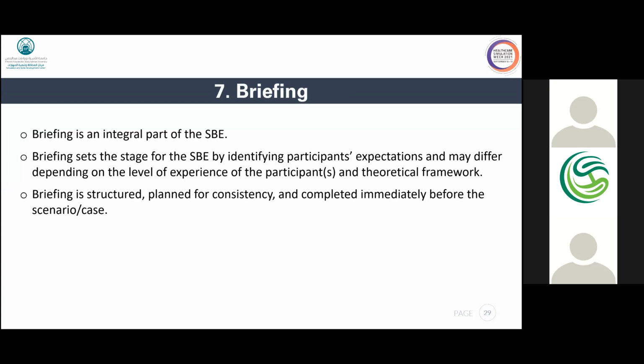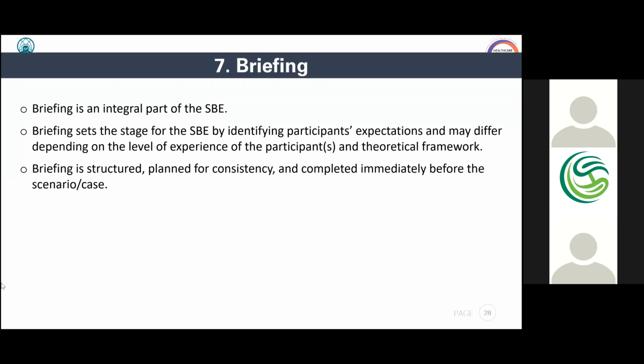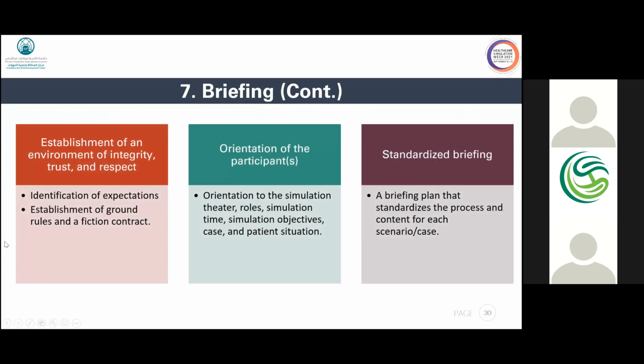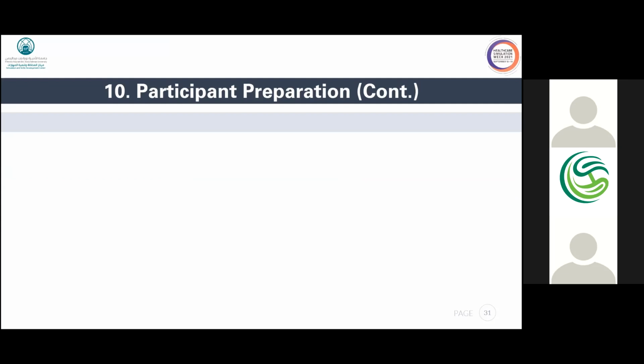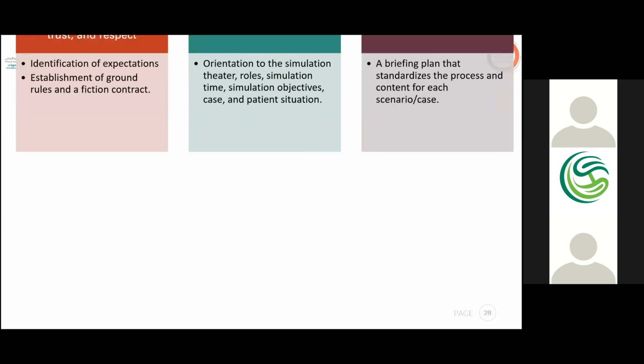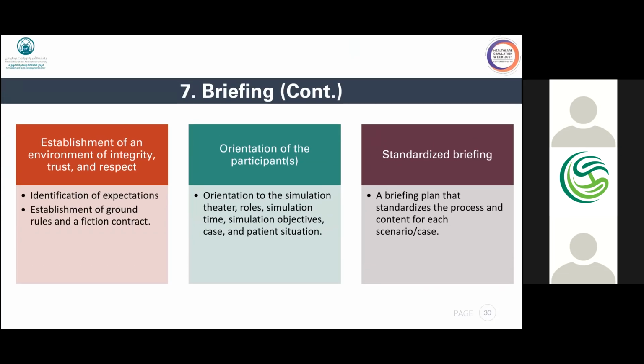You will brief participants on the expectations and the environment, the integrity and trust, the respect. We will orient them to the environment itself. One of the key aspects that we targeted in our center is to standardize the briefing process for the participants.